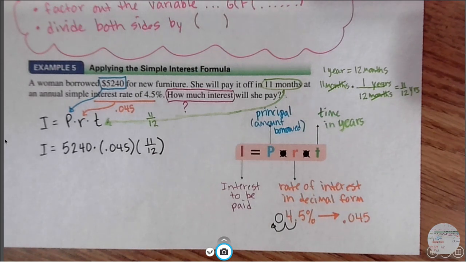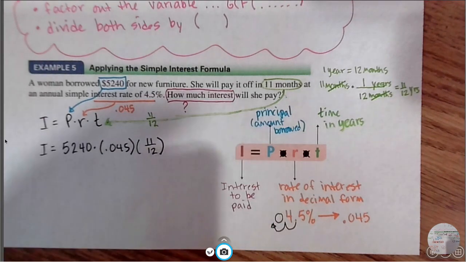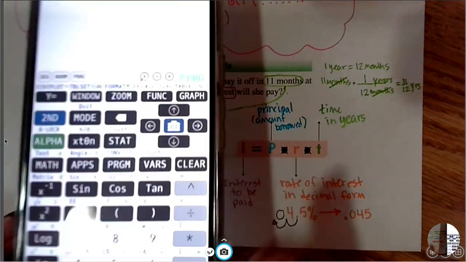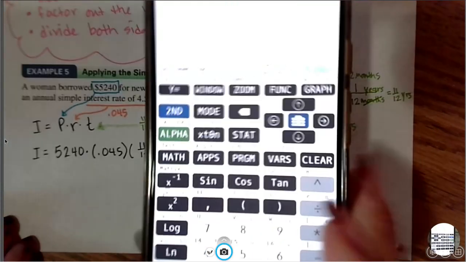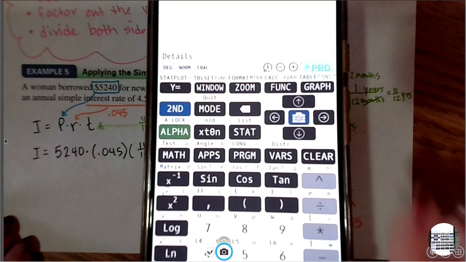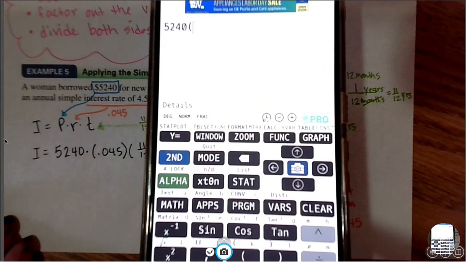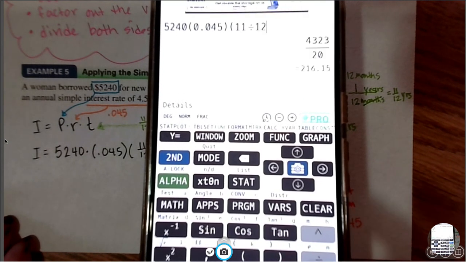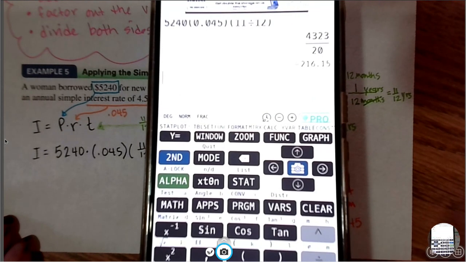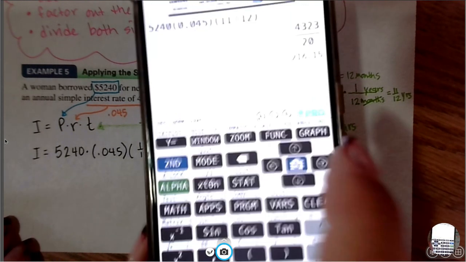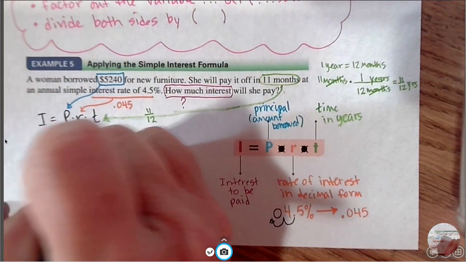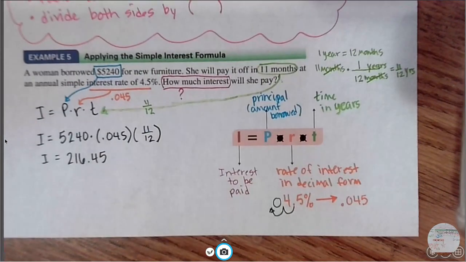I don't have my calculator handy, so I'm going to use the calculator app on my phone. So I will take 5,240 times 0.045 times 11 twelfths, and that is going to give me 216.45. So that is the amount of interest. I equals 216.45.